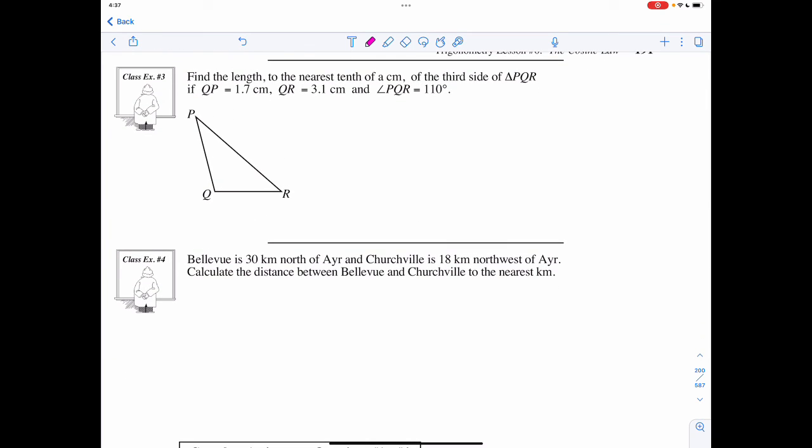For example 3, it says find the length, to the nearest tenth of a centimeter, of the third side of triangle PQR if Q to P is 1.7 centimeters, Q to R is 3.1 centimeters, and PQR is 110 degrees.